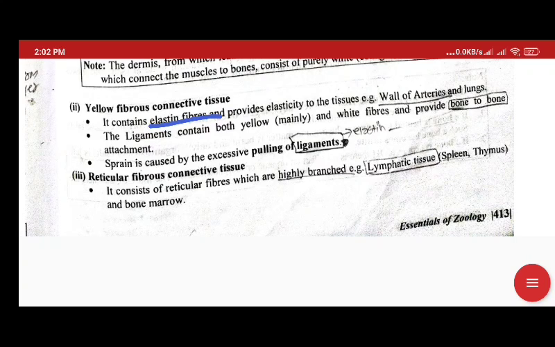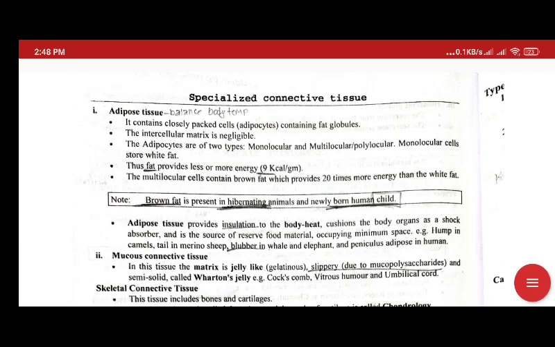You should know it is highly branched, and it is present in lymphatic tissue like spleen, thymus, liver, and bone marrow tissue. Now adipose tissue is not a specialized connective tissue, but it comes under proper connective tissue, as we have studied previously.